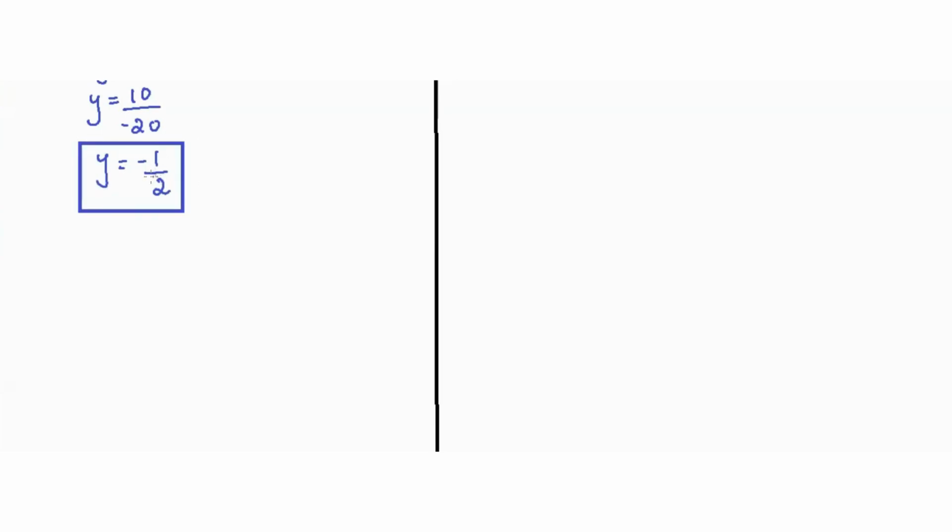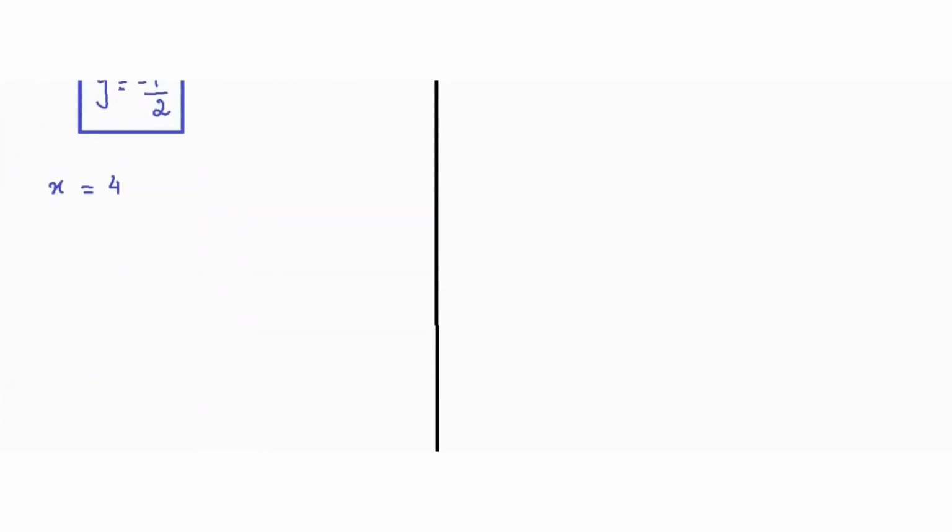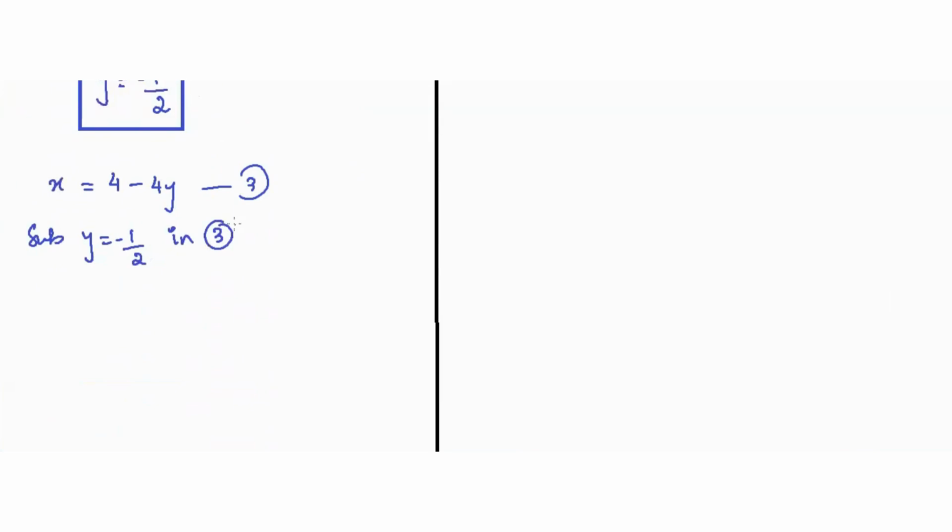Now that we have the y value, we can find the corresponding x value. So equation 3 was x equals 4 minus 4y. We're going to substitute y equals negative 1 over 2 in the third equation.